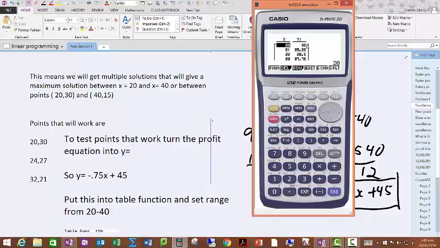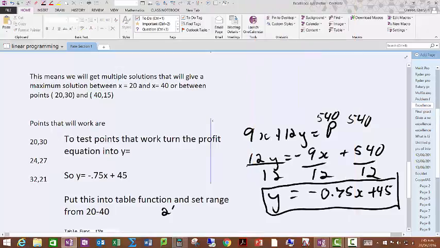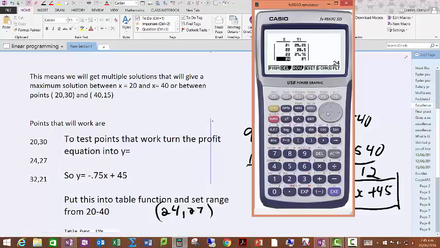That's the only area that we want to look at, and we get a table. Now, we see 20 and 30, that's the solution. But what we do is we go through the table, and we look for whole number solutions. There's one there, 24 and 27. So we write 24, 27 as one of our solutions, and we go back to our calculator and find another possibility. So scroll down until we get another whole number solution.